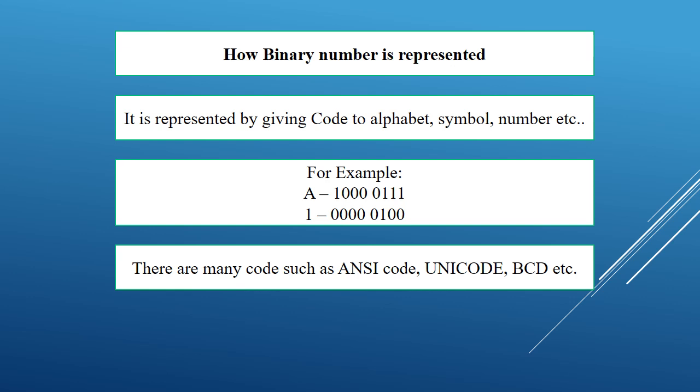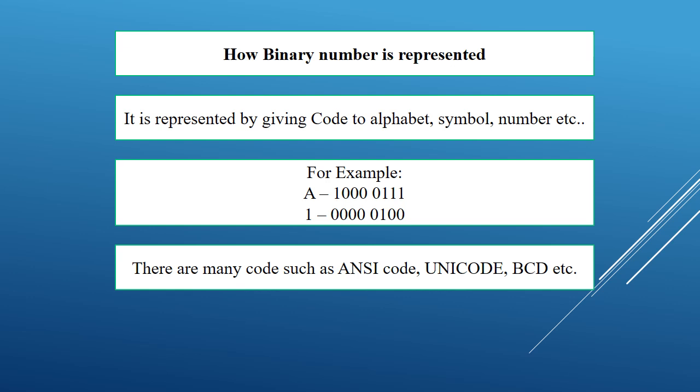As a single byte to the computer. Similarly, I can represent the decimal number 1 as 0000 0100. So this A and 1 I can represent as binary numbers like this.